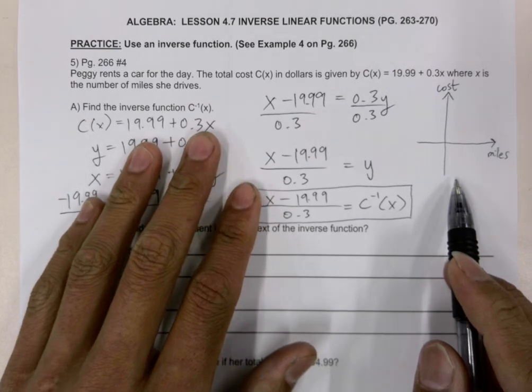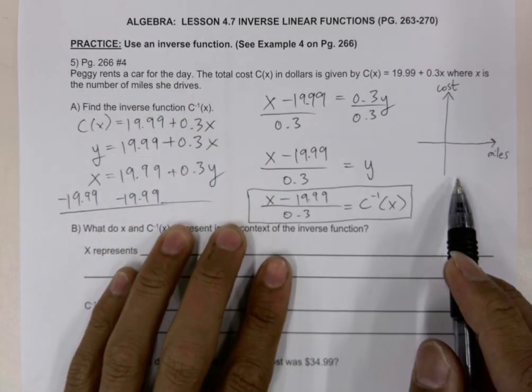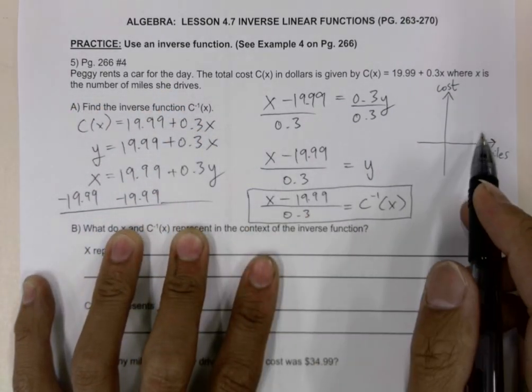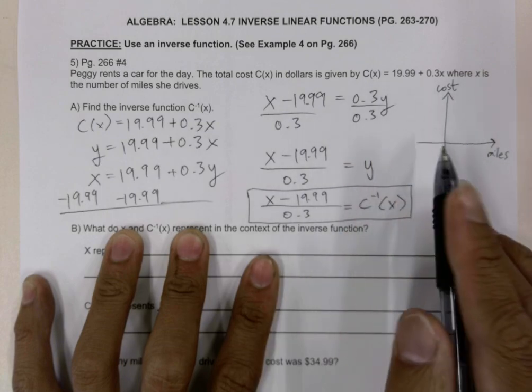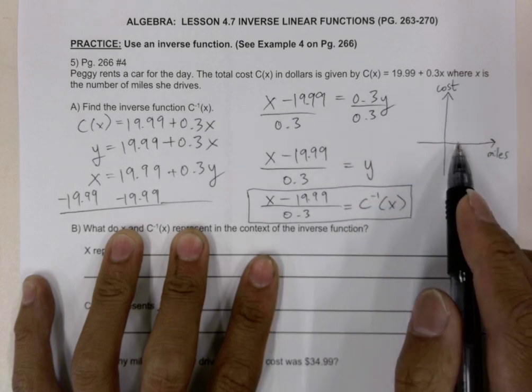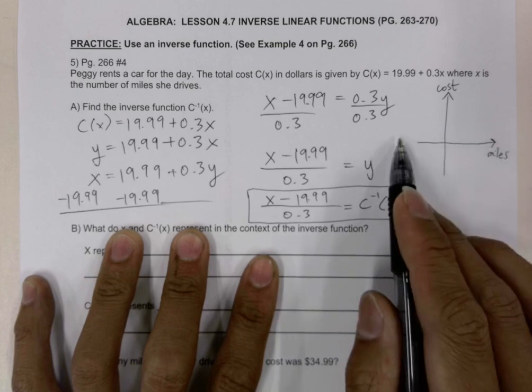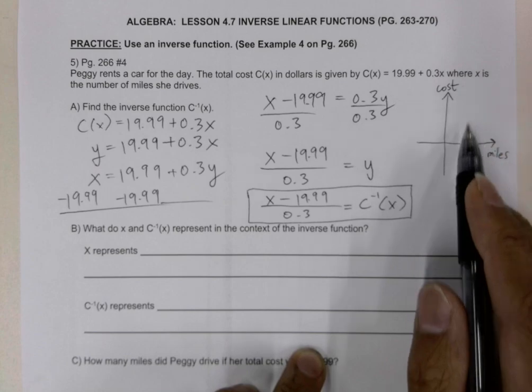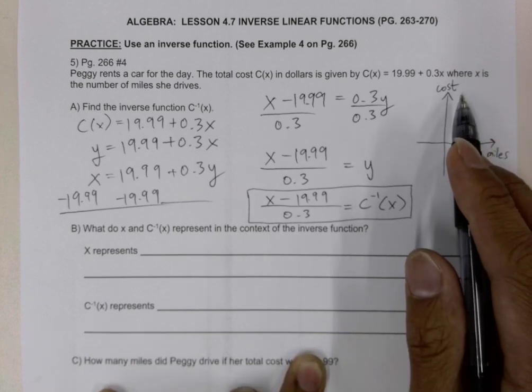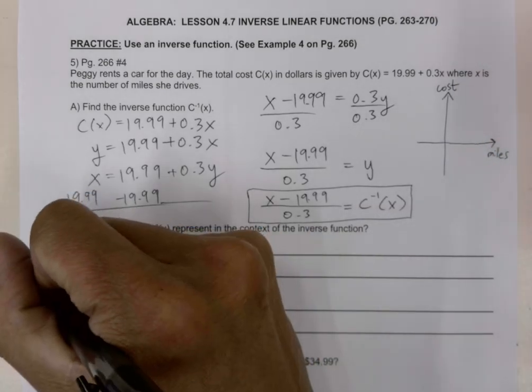Now when we find the inverse function, what we're doing is we're swapping and we're flipping the axes. So now our horizontal axis is our cost and our vertical axis is our miles. So let me go ahead and draw that over here on the side.